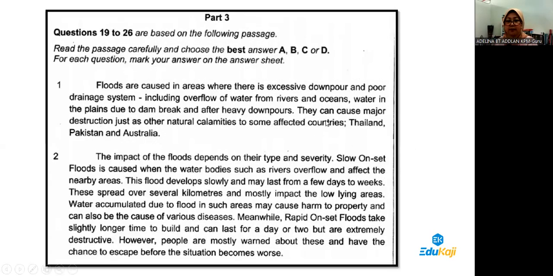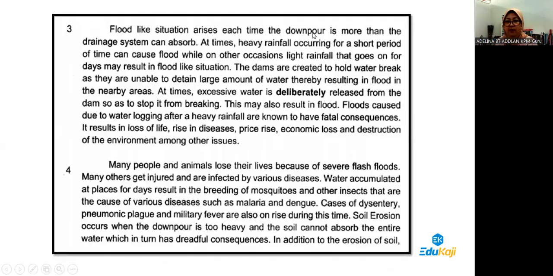Now, here, the line you count 1, 2, 3, 4, 5. It means 5 lines. 6, 7, 8, 9, 10, 11, 12, 13, 14. This is already 14. 15, 16, 17, 18, 19, 20. See? If you want to count, you can count.